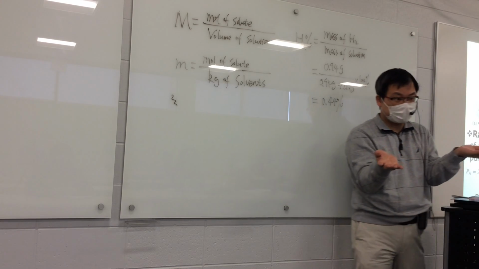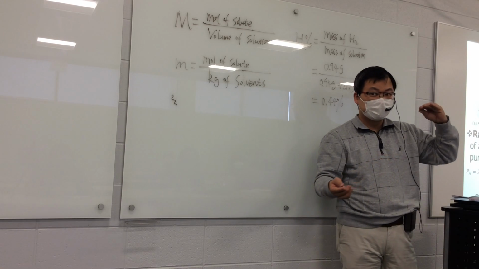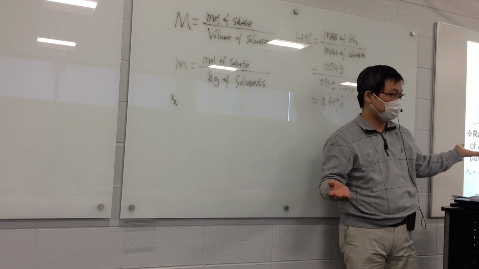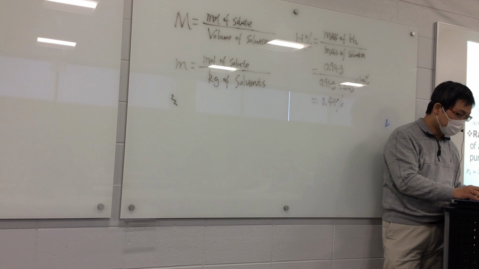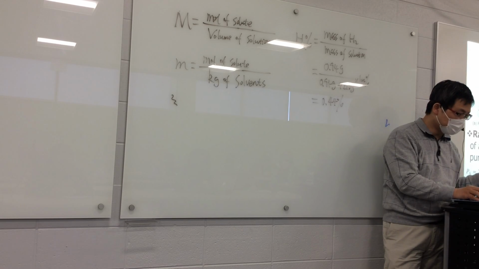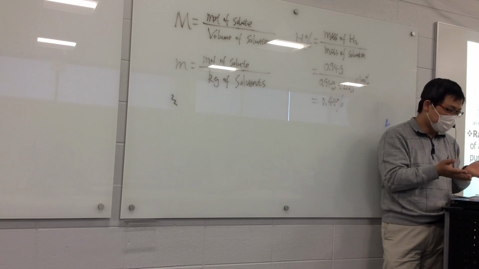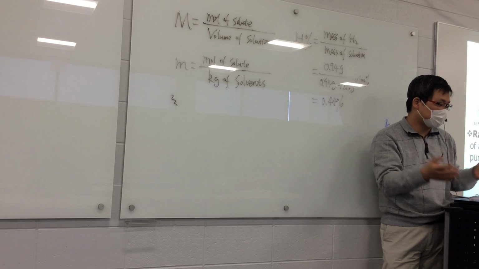For example, sodium chloride, solid table salt, does not generate any vapor pressure because it is not volatile. And then eventually, the pressure of the whole solution equals the mole fraction of the solvent times the vapor pressure of pure solvent.